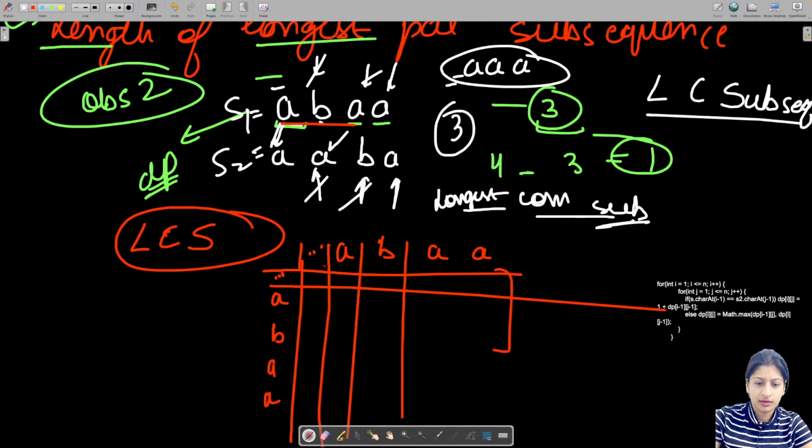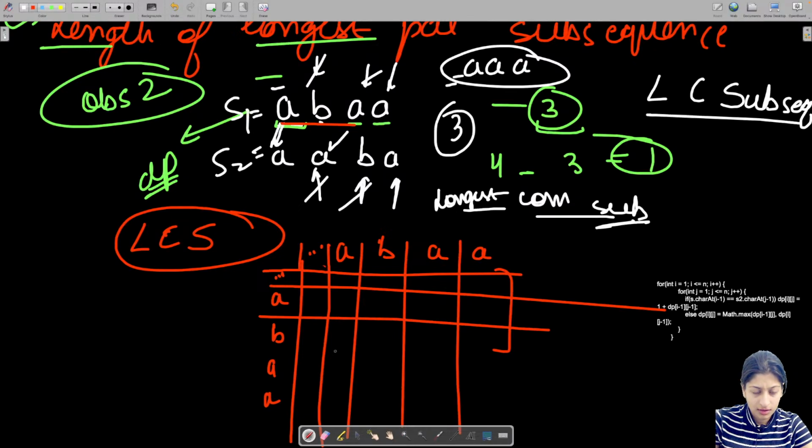We'll keep filling. For example, if this was my string, right? I am starting from i equal to 1 and j equal to 1. Fine. Okay, what am I checking?